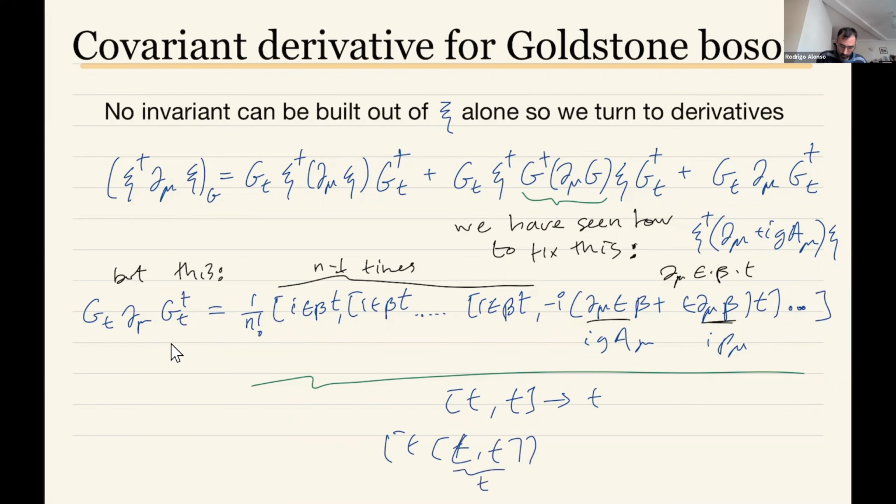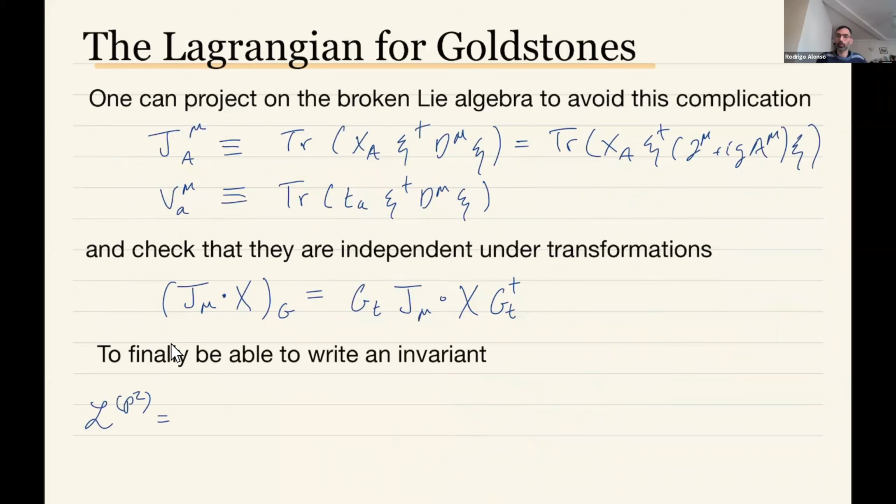This will be T again, and the whole result will go to T. So all of these series, complicated as it is and requiring this cumbersome analysis, it always projects back onto the unbroken group or the unbroken Lie algebra. So we can just project it out and forget about it and take the easy piece.